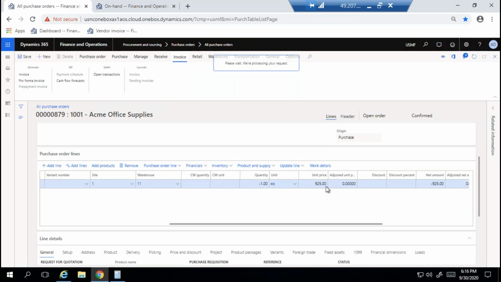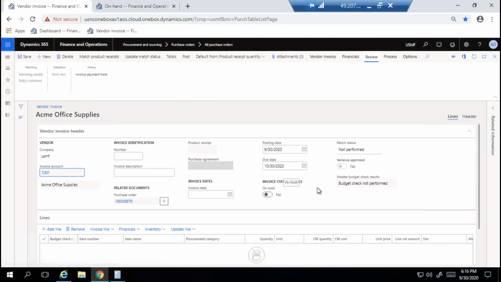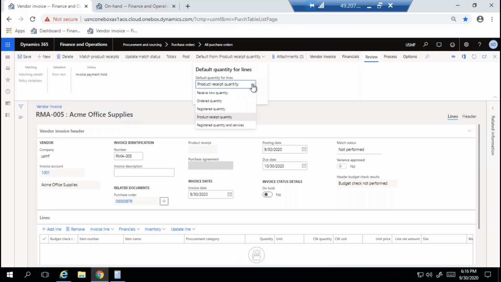Because at the time of invoicing, it is 925 he has charged for me, then I need to do the same thing. Agree with me? I'm doing invoice. So at that time, I need to select product order quantity.